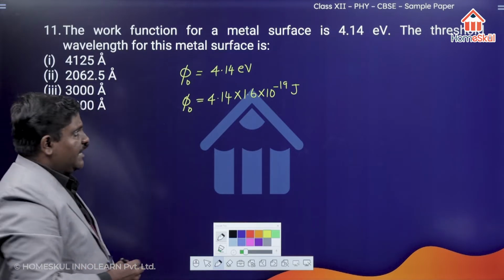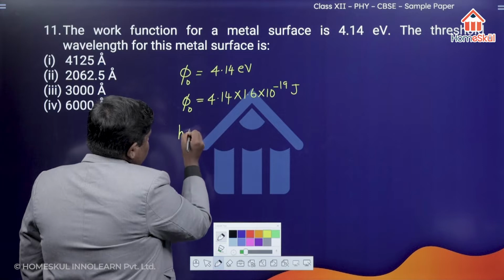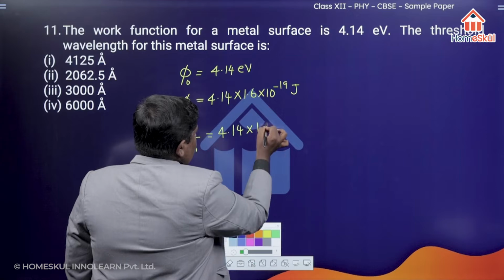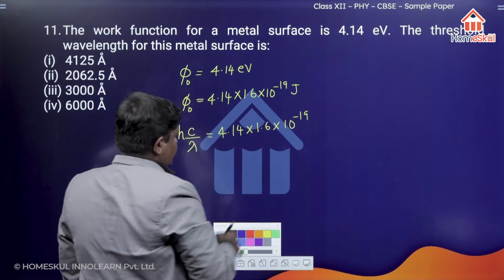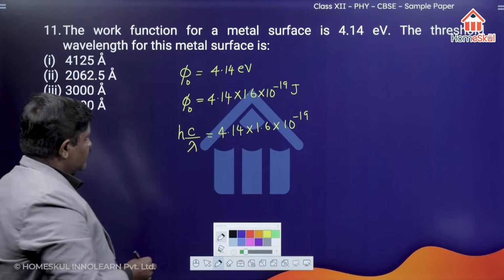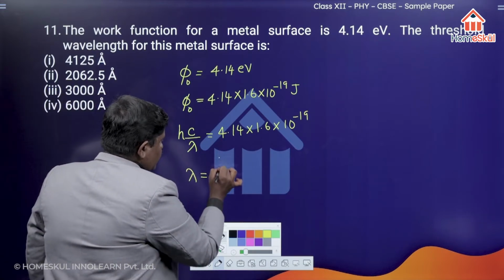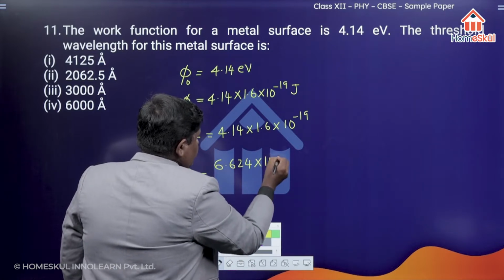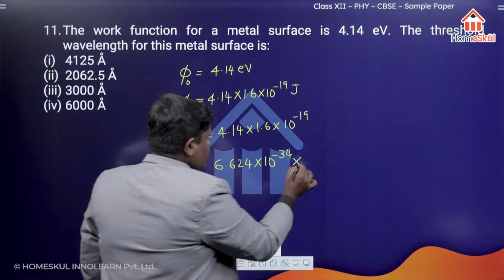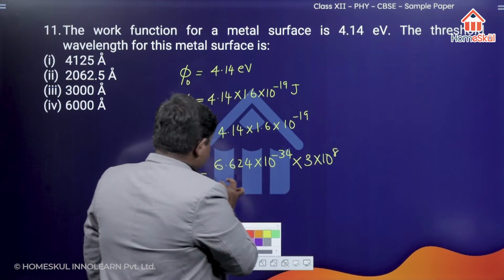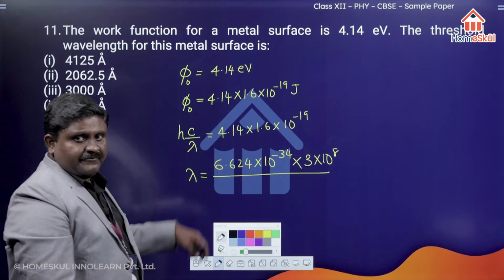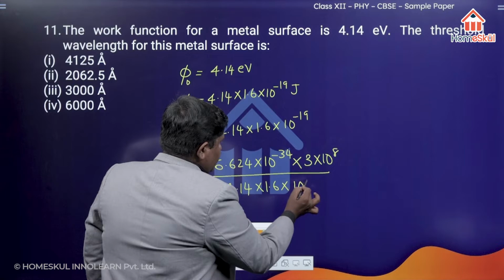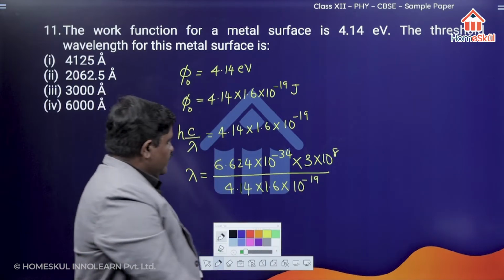But work function we have to write in terms of lambda, that is hc by lambda, that is equal to 4.14 into 1.6 into 10 raised to minus 19. Here we have to find out lambda, therefore lambda equal to h, what is the value of h here? That is 6.624 into 10 raised to minus 34 into c, that is 3 into 10 raised to 8, divided by 4.14 into 1.6 into 10 raised to minus 19. Now we are going to calculate this.